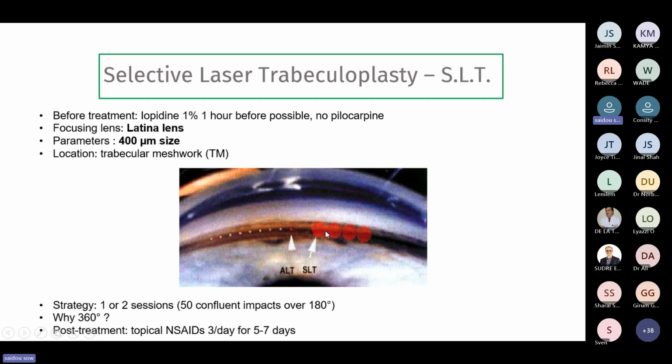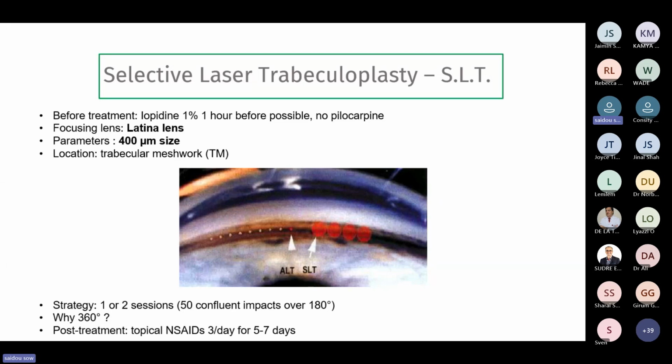So we don't need to worry about aiming at the pigmented or non-pigmented trabeculum. Personally, I treat 360 degrees in one session, just to avoid patients having to make multiple trips back and forth, especially in our condition, where sometimes patients live far from the health facilities and access to means of transport is not always easy.